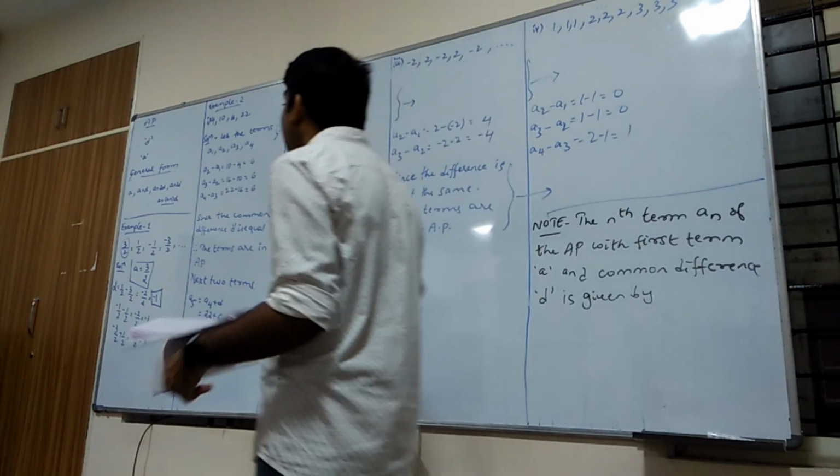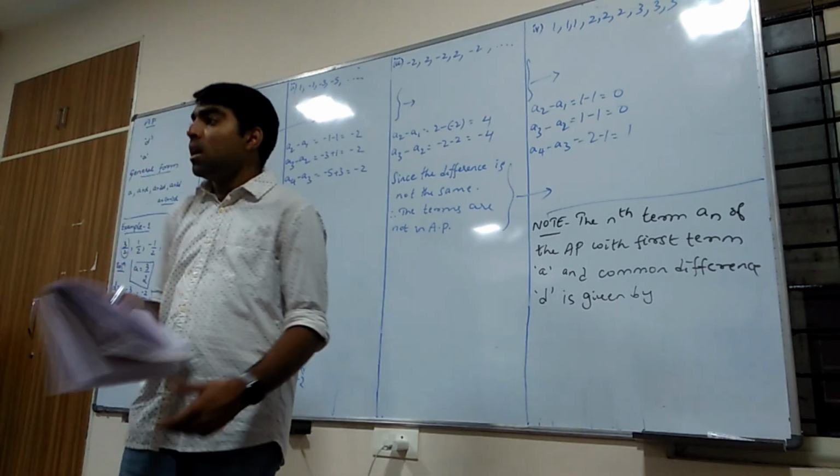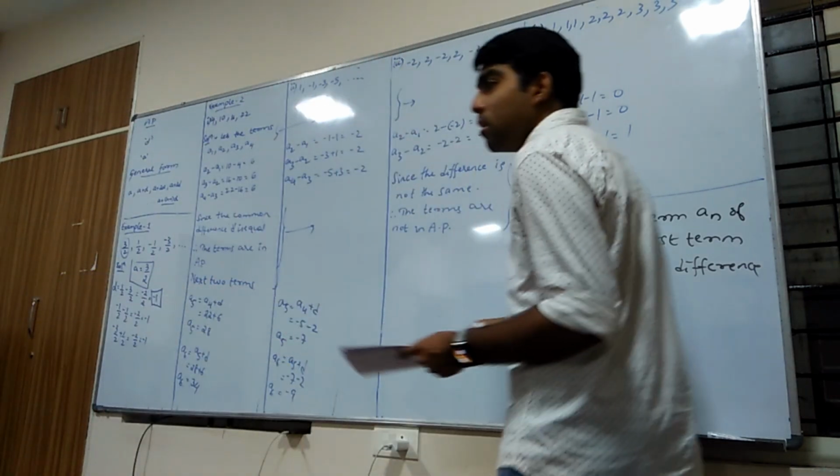Standard form, the nth term is A plus n minus 1 into D.